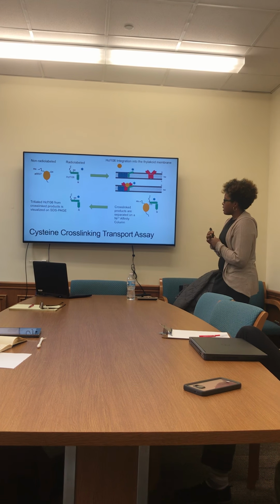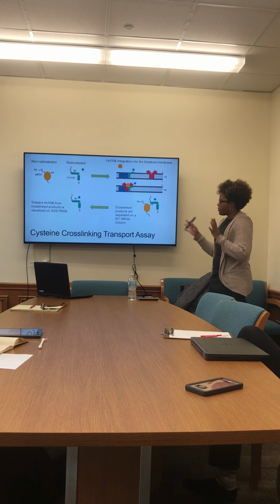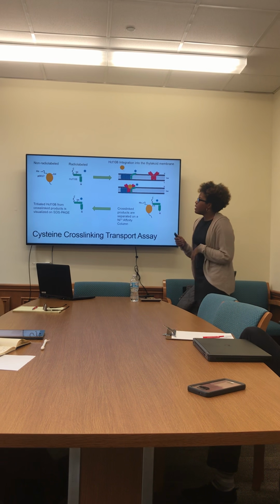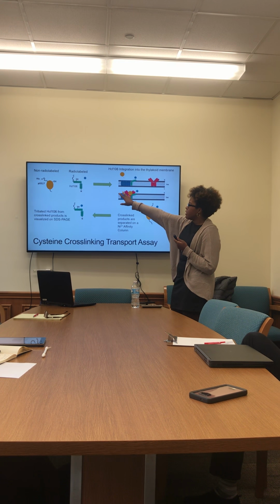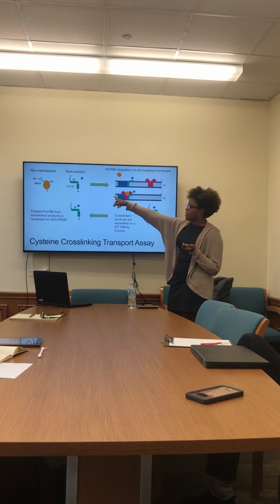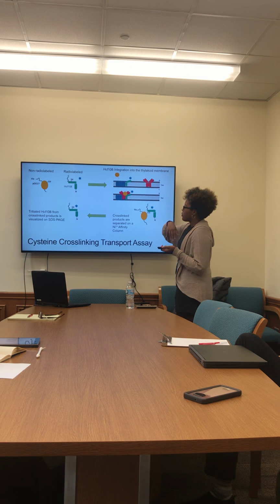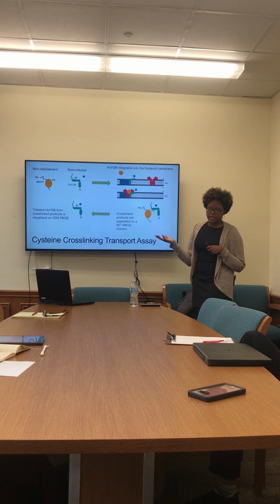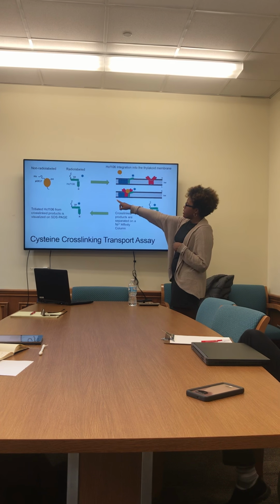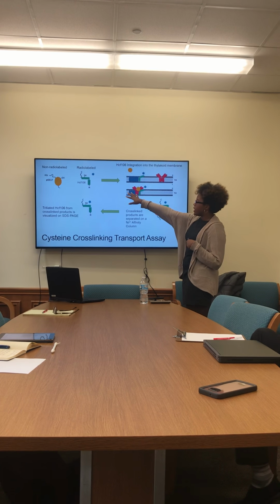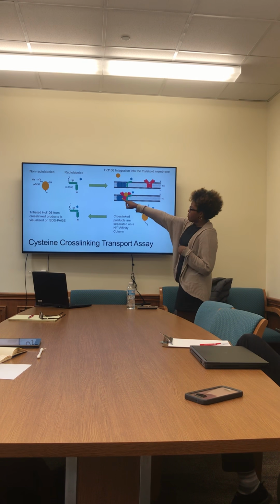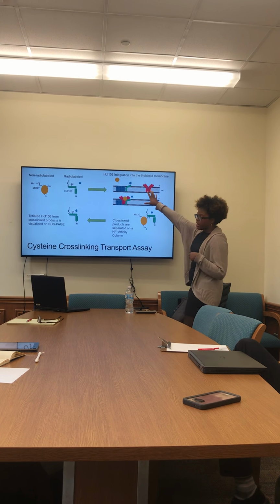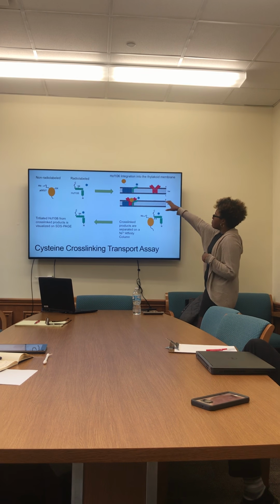Okay, this is just a rough summary of the methods. At the top I have oxygen evolving complex and HCF106, and you can see both of them have a cysteine substitution, but only one of them is radiolabeled, so I can look at it on SDS-PAGE. HCF106 is the one that's radiolabeled with tritium. In the second step, I'll take radiolabeled HCF106 and integrate it into thylakoid.